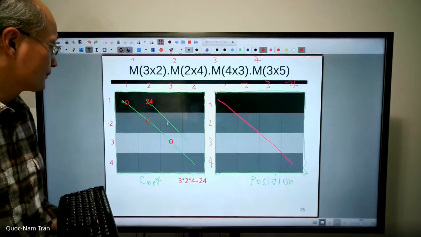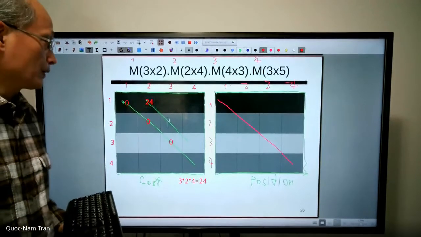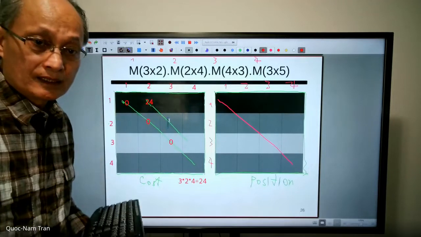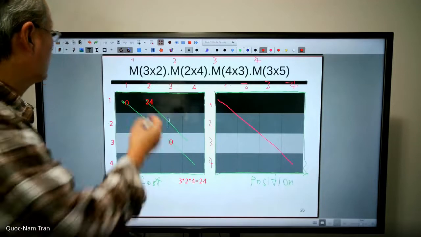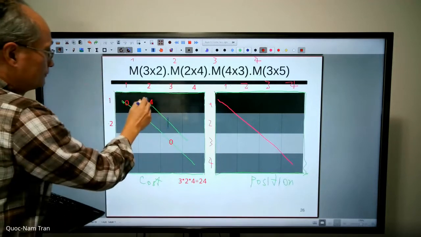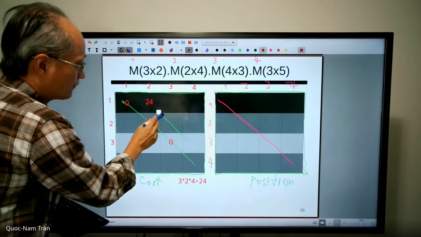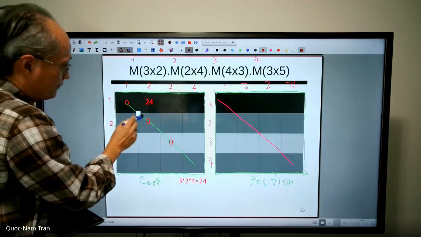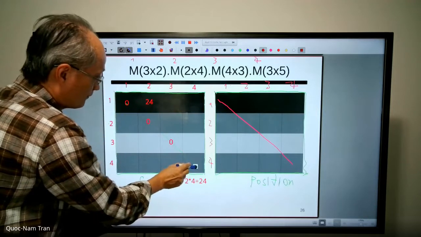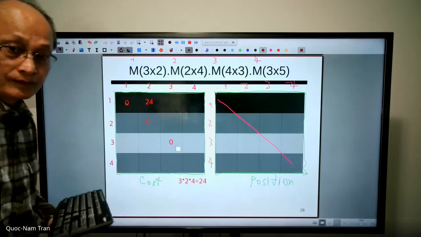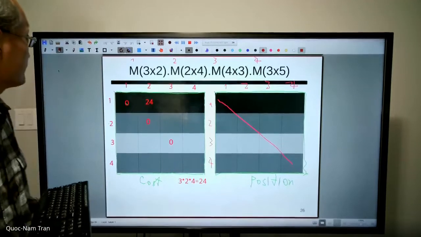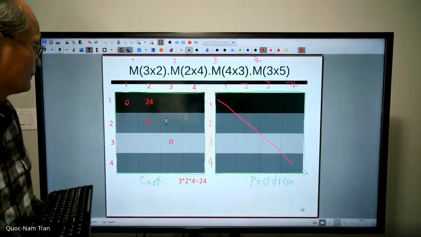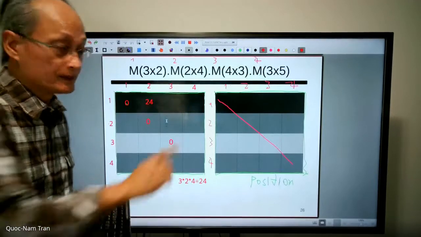Similarly here, what do we have for 2 to 3?